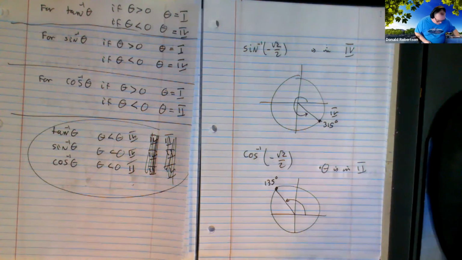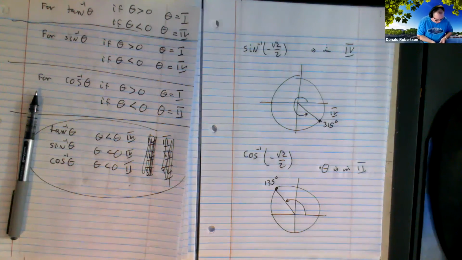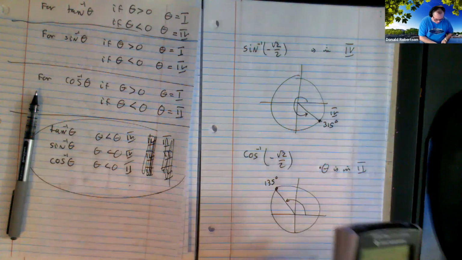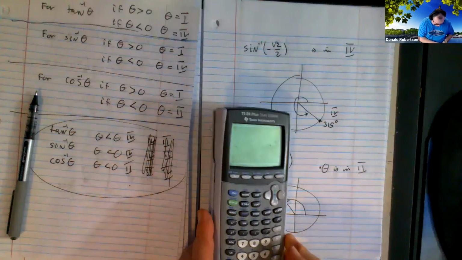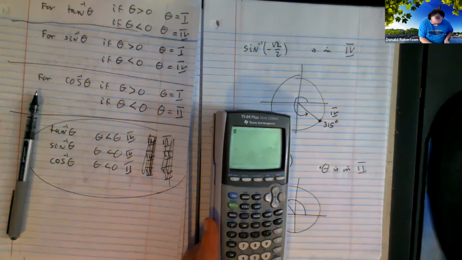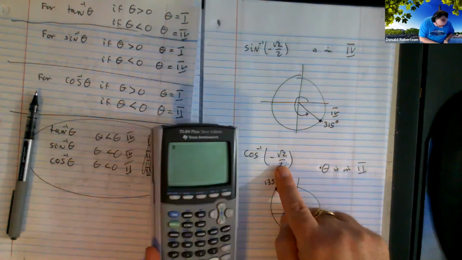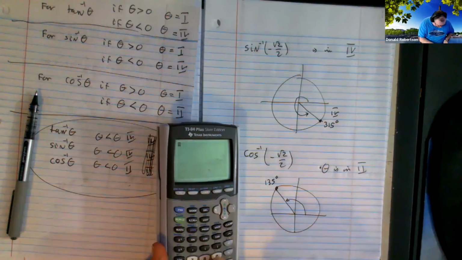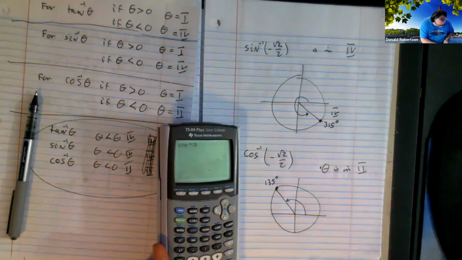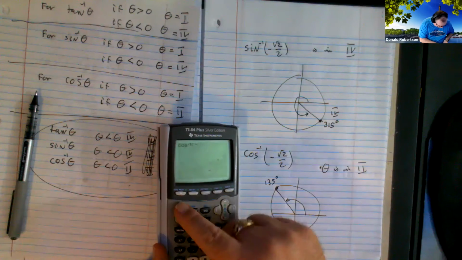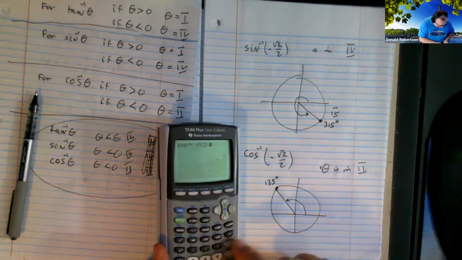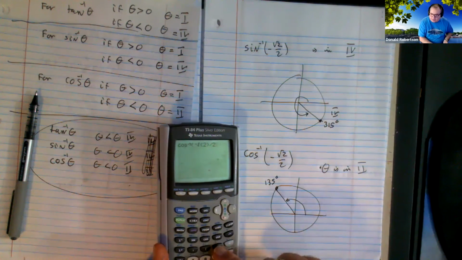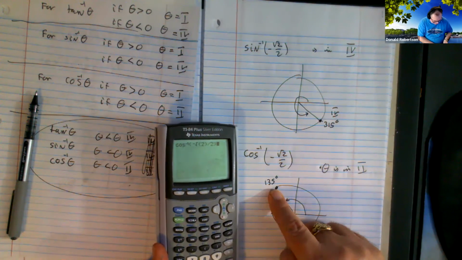Okay. Now, as long as it's these answers, we are pretty much good to go. Let me do that one there: the inverse cosine of negative √2 divided by 2. If I've done this correctly, it should be 135 like I predicted.